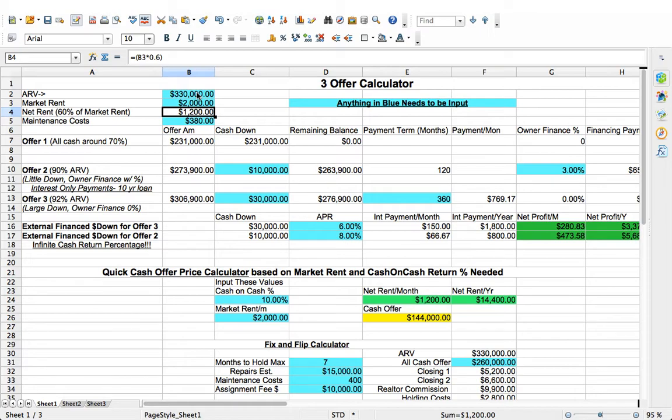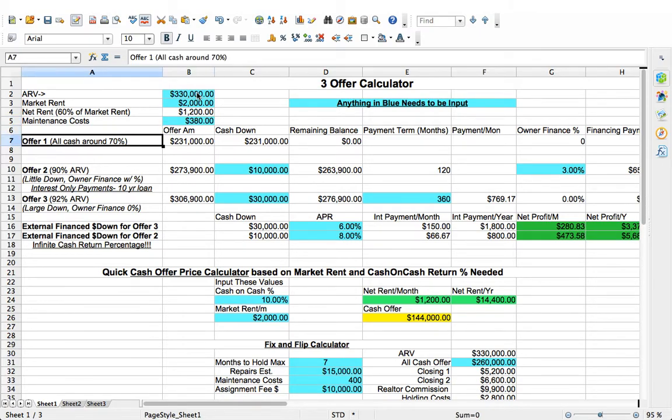So that's a good basis to go off of, but always do your own research on that. I put it there for maintenance costs. So I'm looking at a townhome that has $380 in maintenance costs. So this is the basic outline.